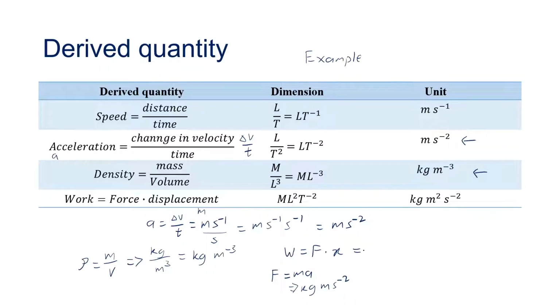So multiplying these together, we get the unit of work given by kg meter squared per second squared. Now notice here, this actually is the same unit as a joule, as we discussed on the last page. We will go into more detail on the physical meaning of work and energy in a later chapter. So for now, these are some examples for the derived quantity.